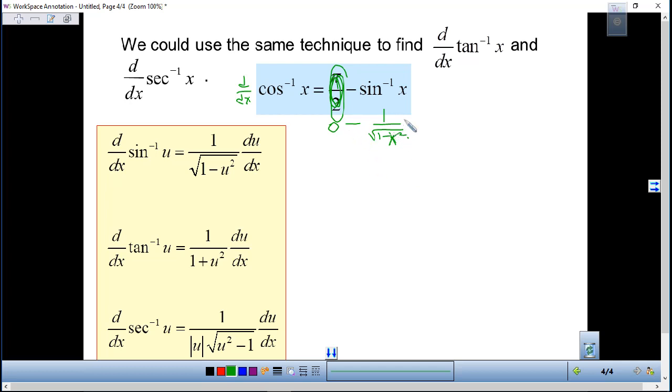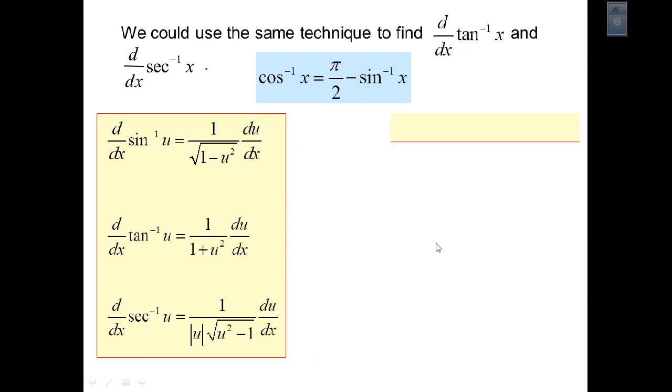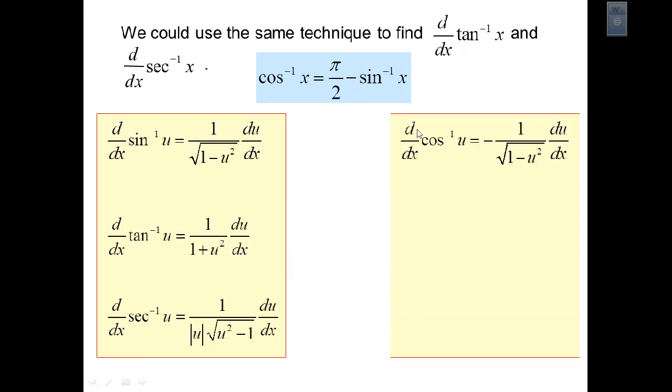So you just get the negative of what you have right here. And that's exactly what we deal with. So the derivative with respect to x of the inverse cosine of u is negative 1 over the square root of 1 minus u squared times du dx. So from sine to cosine, all we do is we throw a negative out in front of it.